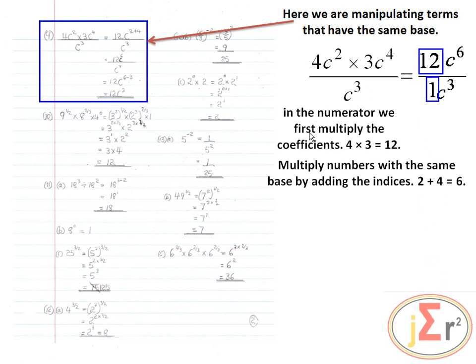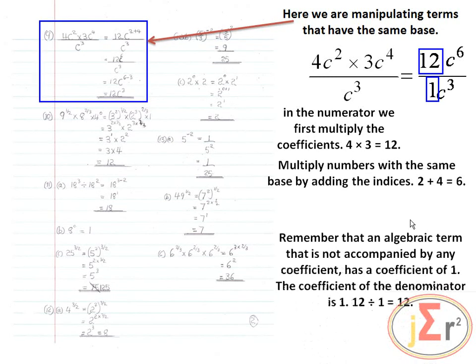We will continue, and this time, since we have simplified the numerator to one single term, we may proceed to solve the problem by dividing. So we have this single term in the numerator and we have this single term in the denominator.